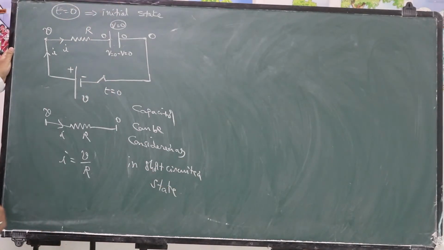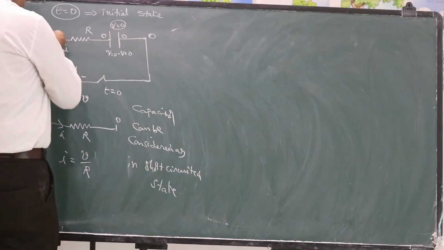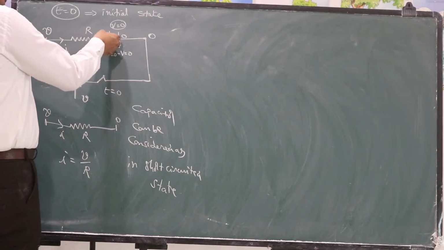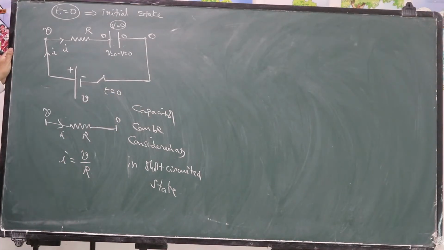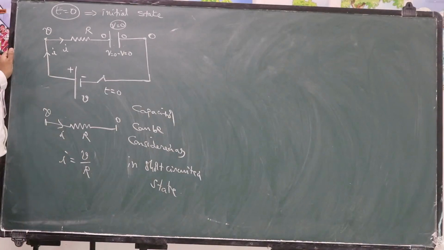The capacitor is considered to be in short circuited state. That means by removal of this capacitor, if you join a wire, the same current will pass. So whether the capacitor is available here or is not available here, it doesn't matter. The same current is passing through the resistor. This state is called initial state, and this condition of the circuit is considered as short circuited condition.